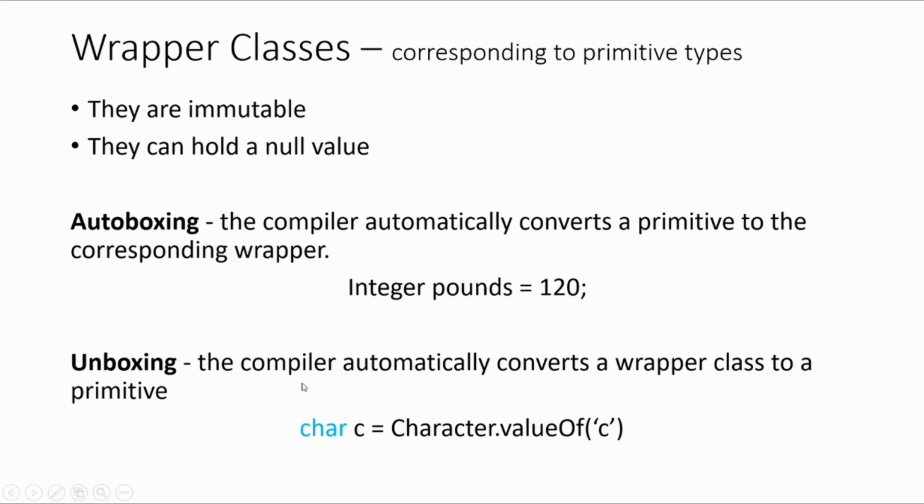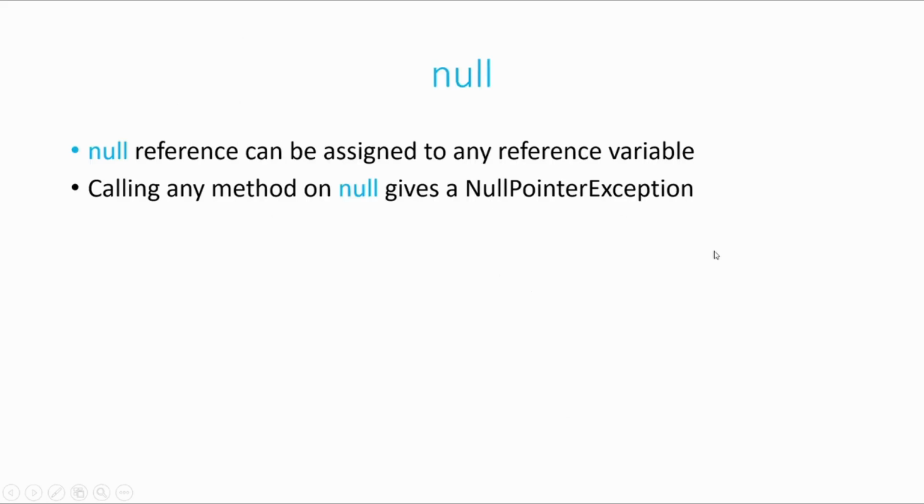And unboxing, the compiler automatically converts a wrapper class to a primitive. So if you call Character.valueOf('C'), the Character object automatically converts into a char primitive.